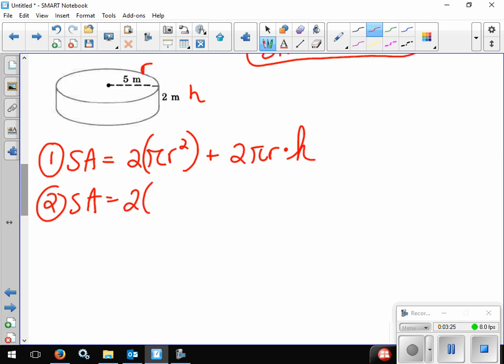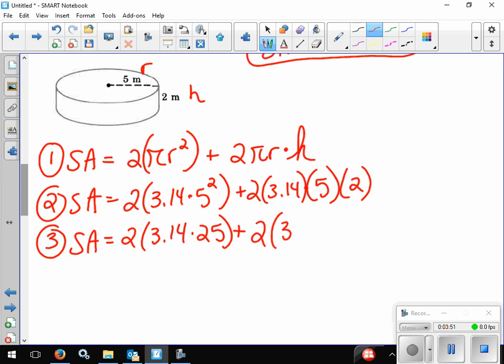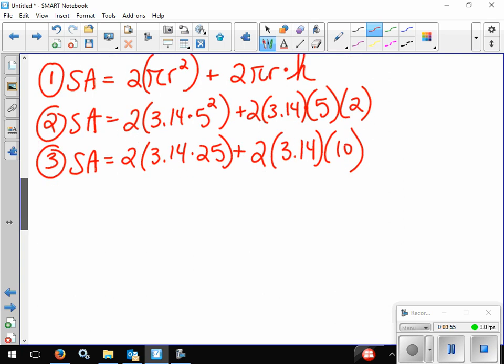So 2 times 3.14 times 5 squared plus 2 times 3.14 times 5 times 2, our height. So step 3, surface area equals 2 times 3.14 times 25 plus 2 times 3.14 times 10. 5 times 2 is 10.